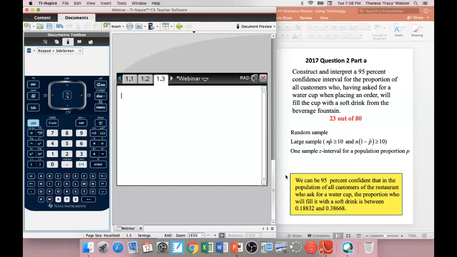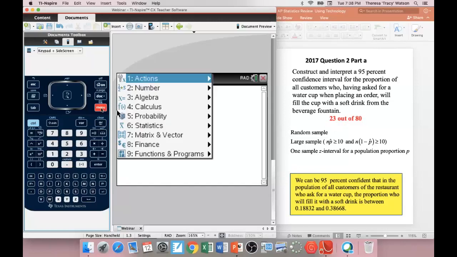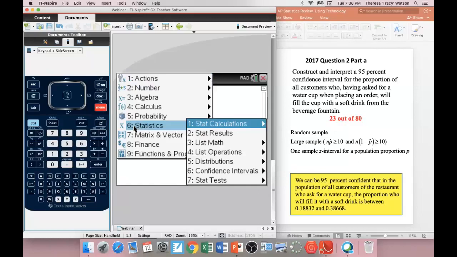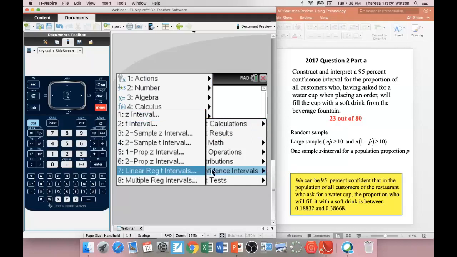But my first job is to get the same confidence interval. So I'm going to keep my fingers crossed that with the data, I think I have all the data I need on my screen from the problem, that I get the same confidence interval. So again, there's such a similarity between the two platforms. I'm on Nspire, so I'm starting off hitting menu, and then I'm going to statistics, and wow, there's a confidence intervals menu that opens up.